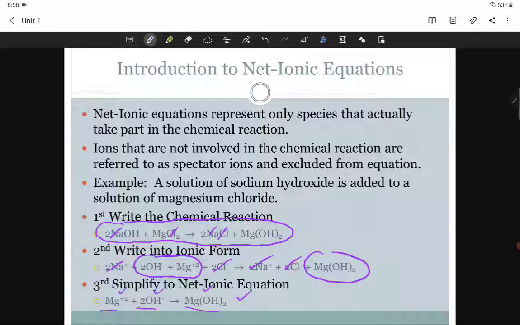And the way you are able to do that is knowing the solubility rules. So sodium ions, no matter what they're with, are going to be soluble. So that's how I got ions and ions.